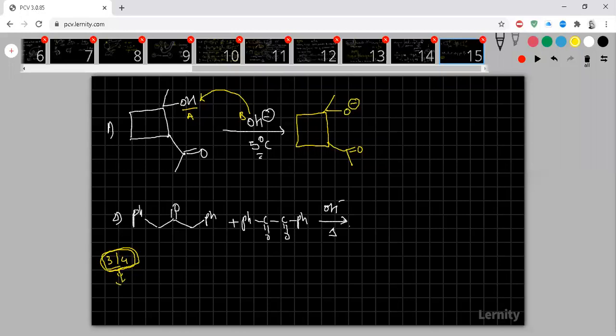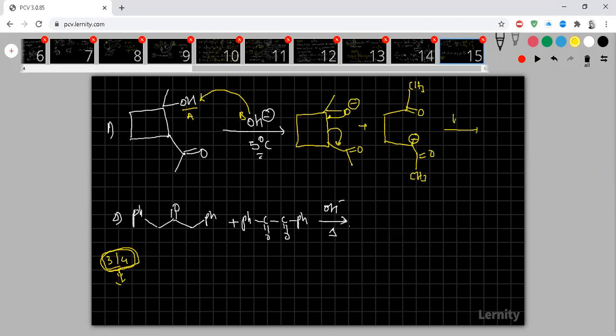To open the ring, this bond shifts to here and this bond shifts here. Then I will get CH3, C=O, and a negative charge here, and here a negative charge, C=O and CH3.